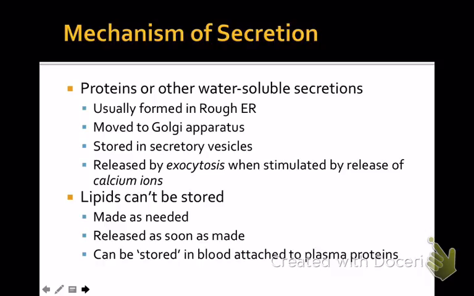You're going to store it in secretory vesicles, which it's the job of the Golgi apparatus to make. And then you're going to release it by that process we just learned called exocytosis. So secretion by exocytosis is the way that you handle proteins and other water-soluble secretions.